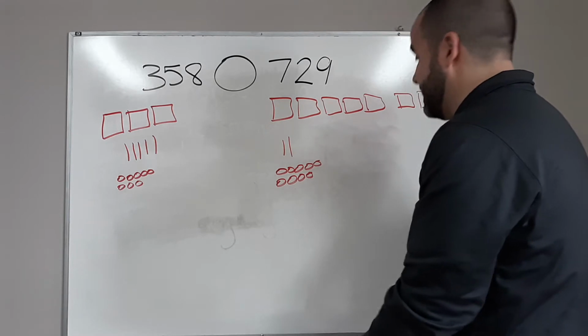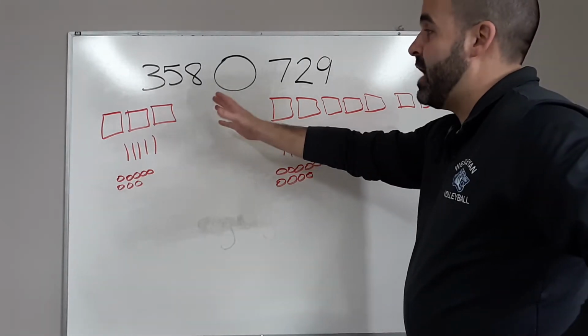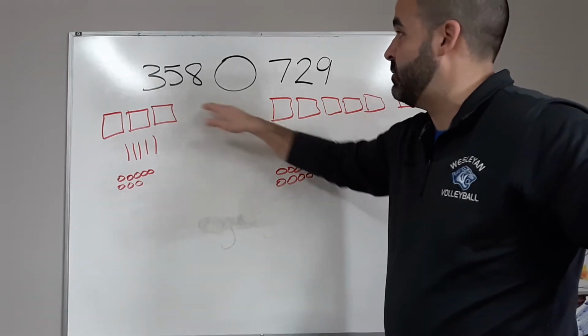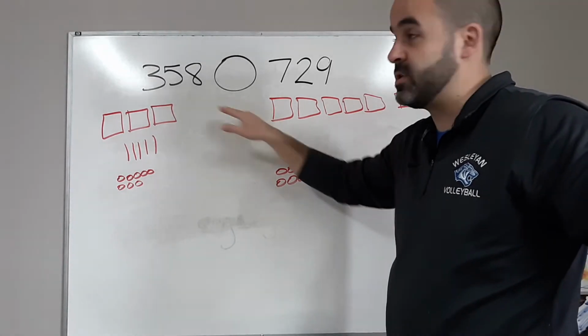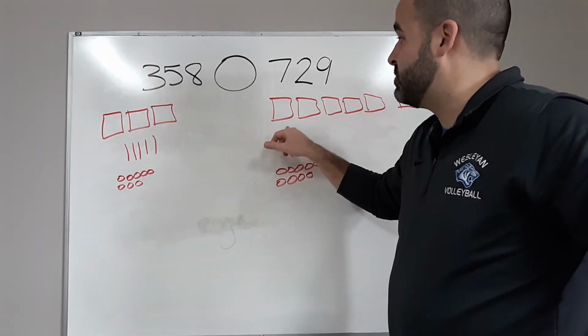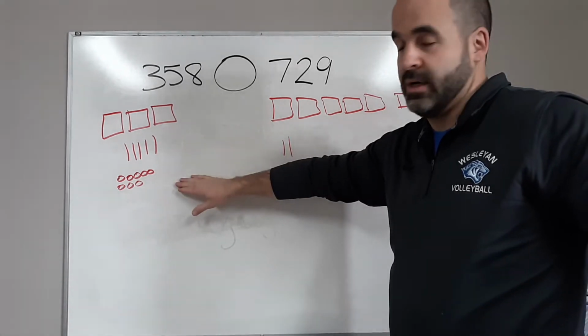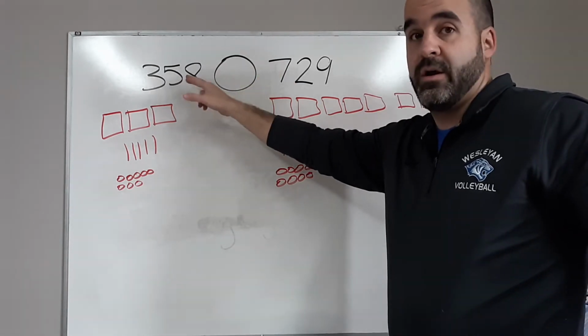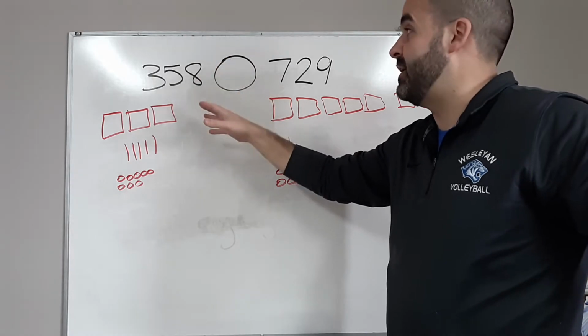It's kind of up to you on that kind of stuff. But if we do this, as I look at this, the first thing you're going to compare is the hundreds. If I look at the hundreds, do I see one side has more hundreds than the other one? More squares? Yeah, this side has more. So since this side has more hundreds, I don't have to worry about the tens or the ones. If the hundreds digits are different from one another, then all I have to do is look at which one is greater.